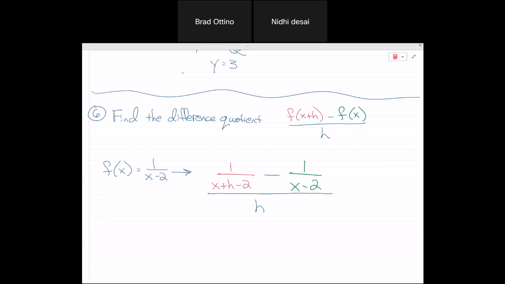So the way we have to do this is we have to combine the top by getting a common denominator, and then we'll take care of that h on the bottom.